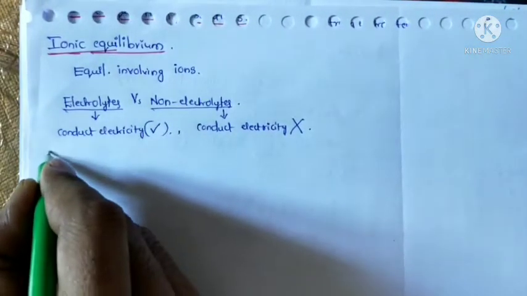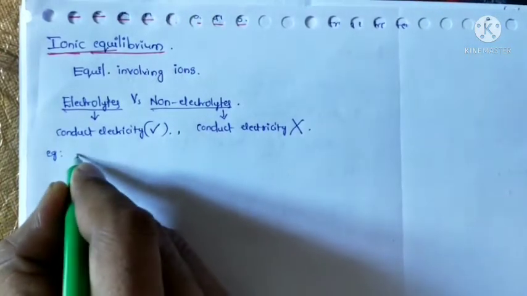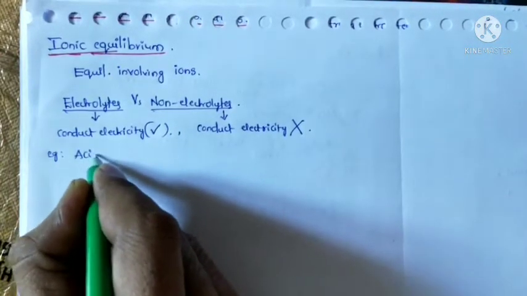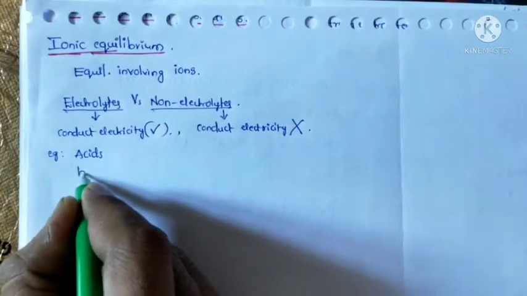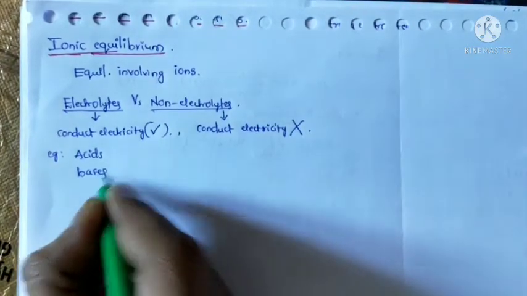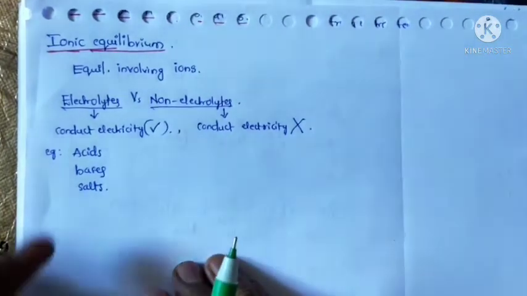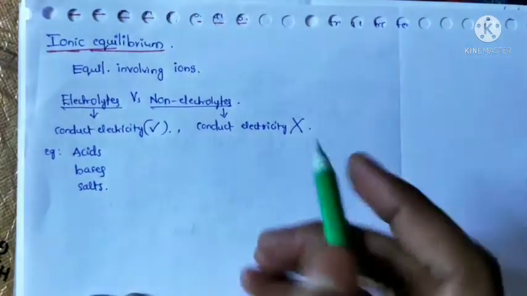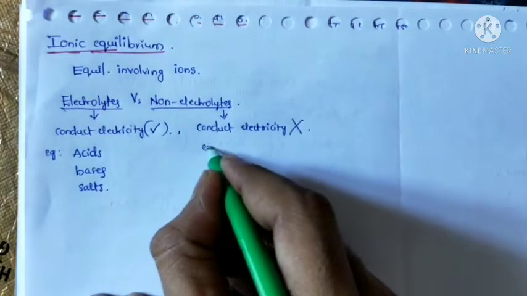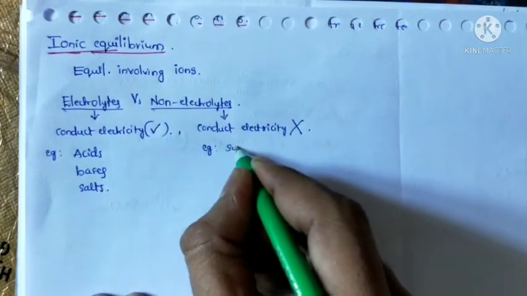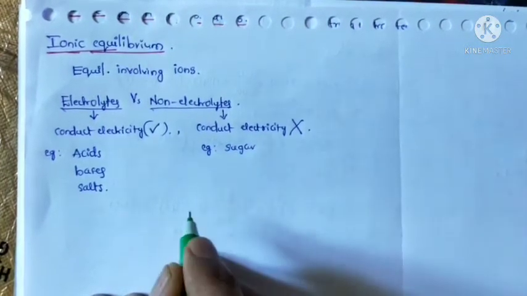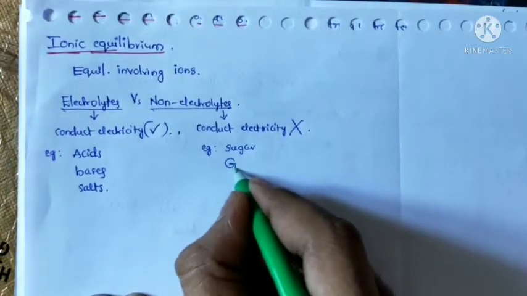Examples for electrolytes: acids, bases, salts. Examples for non-electrolytes: sugar, glucose.